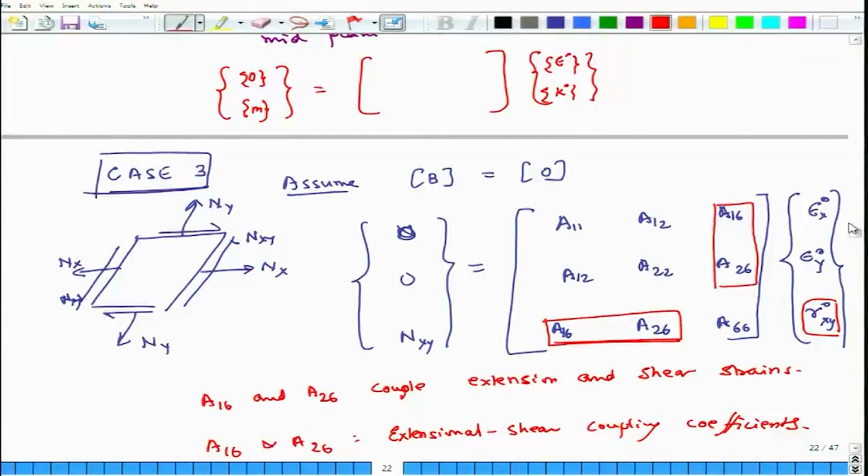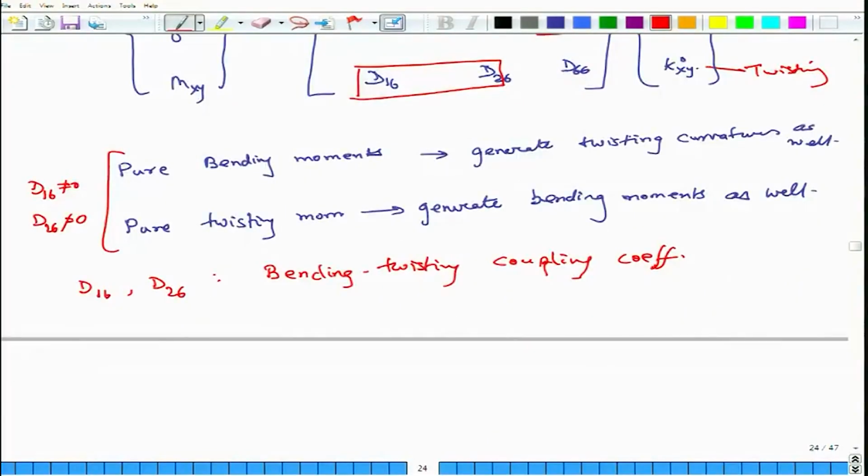Then we looked at the case when A16 and A26 are not 0, and in this case the extension and the shear strains, they get coupled. That is why A16 and A26 are known as extensional shear coupling coefficients. The last case is when D16 and D26 are not 0, then bending and twisting response of the plate, they get coupled. So, that is why it is known as bending twisting coupling coefficient.